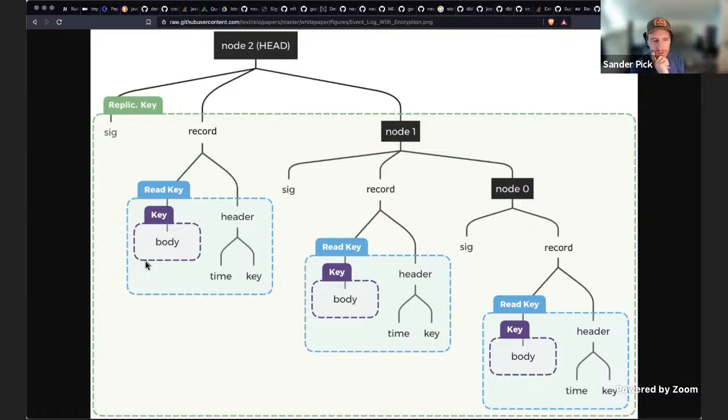Especially in the multi-tenant setup, it becomes really cumbersome. So that's something we've started scoping, like how to break up a multi-tenant node into lots of different processes.